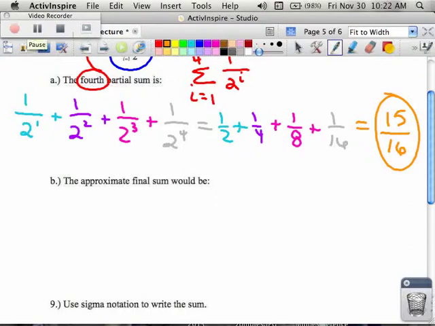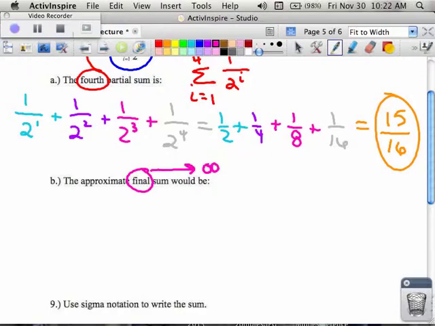So this next part, the approximate final sum, is really talking about what happens as I go to infinity. So if the top is infinity, what is my sum going to be? What would be really interesting is to ask, what happens if I just add one number?